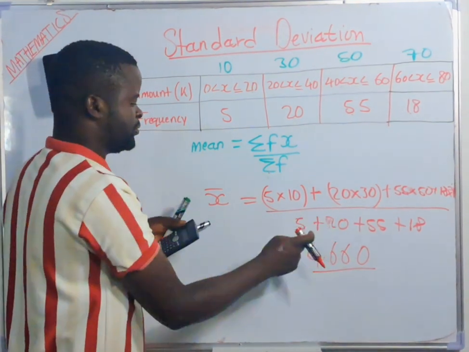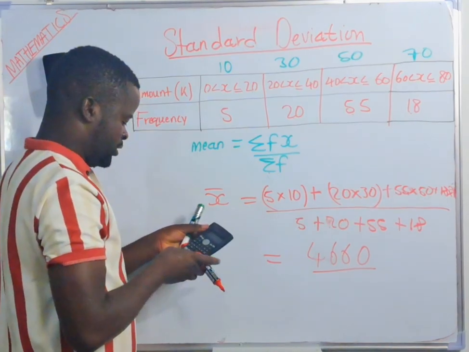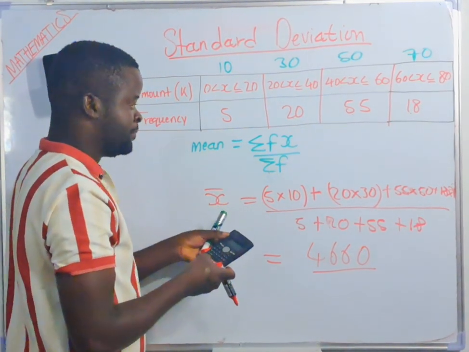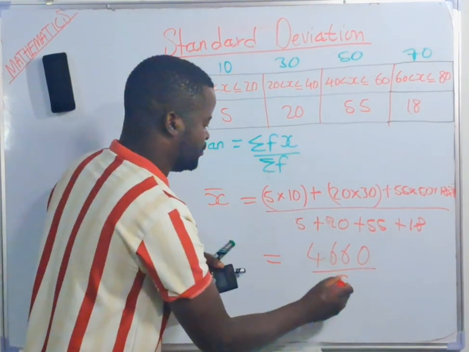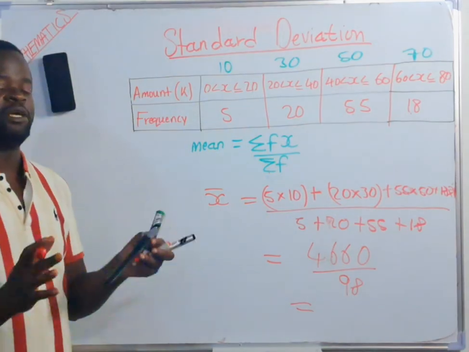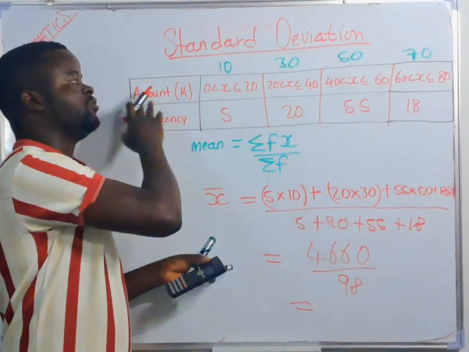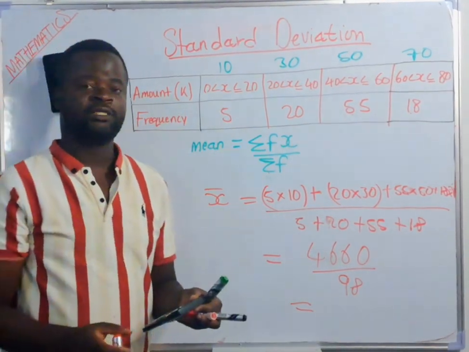So the sum of frequency, we are saying it is 5 plus 20, then plus 55, then plus 18. This is how we need to do it. So we are getting 98. Remember, this is just the first step that we are doing. We want to find the mean from the distribution table.